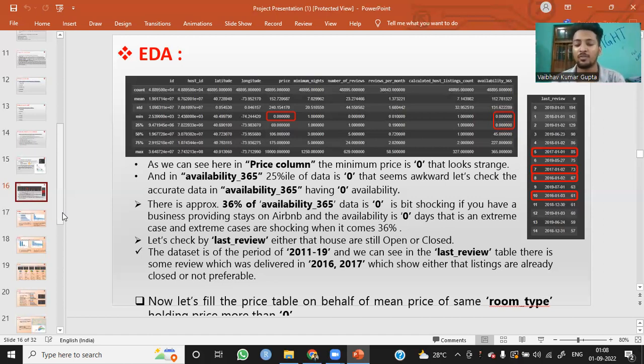I checked the last review for those rows and grouped by last review.